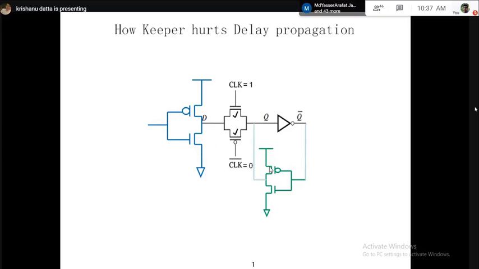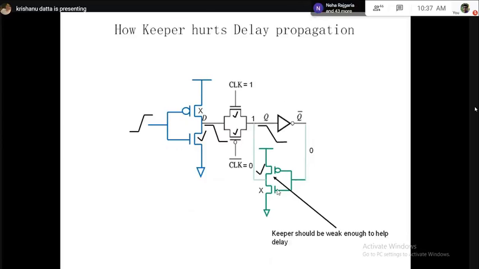And now, for good delay, this keeper has to be as weak as possible. So it becomes very important how we design this keeper transistor. If we can do proper sizing of this keeper transistor, then we shall be able to come up with the best solution, trading off between noise and delay. So this is how this circuit works. This is actually very popular in industry. See, we are doing it with 1, 2, 3, 4, 5, 6 transistors.